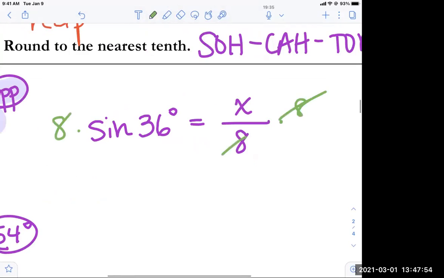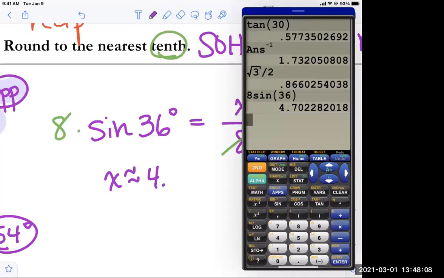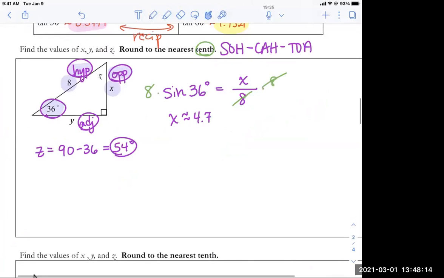So it's going to divide over there, and that's what you're typing into the calculator. 8 sine of 36. Rounding to the nearest tenth, that would give us approximately 4.7. Okay, make sure you're rounding correctly. I want to see an equation and then what you solved to get that answer.